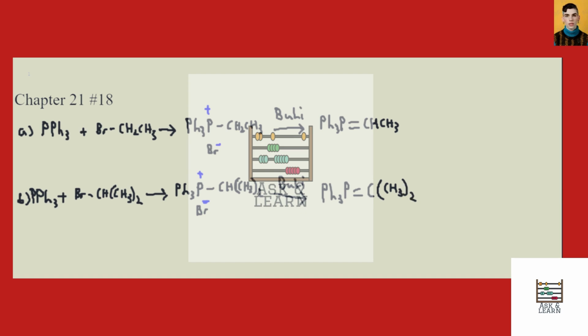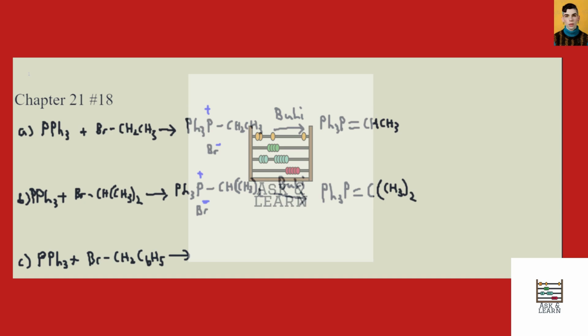Okay. And then C, again, is going to follow the exact same pattern that A and B have. So triphenylphosphine. And let's see. Okay, and so this time it looks like we're going to use a benzyl bromide. So there we go.